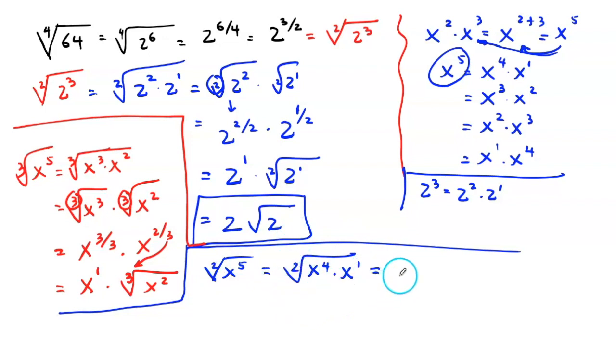What's next? 2 radicals. 4th, first. Why? Because my exponent will divide the index. So I have 4 divided by 2. Here, hopefully by now you understand that this x is not coming out, right? Why? Because I have 1 and my index is 2.